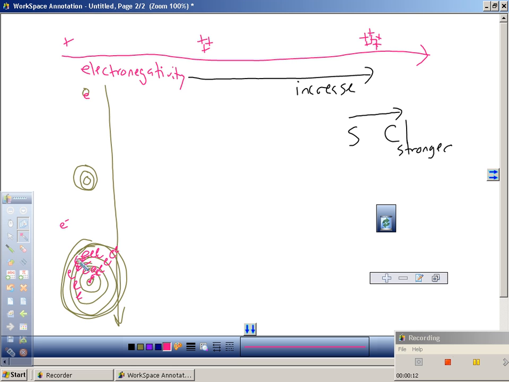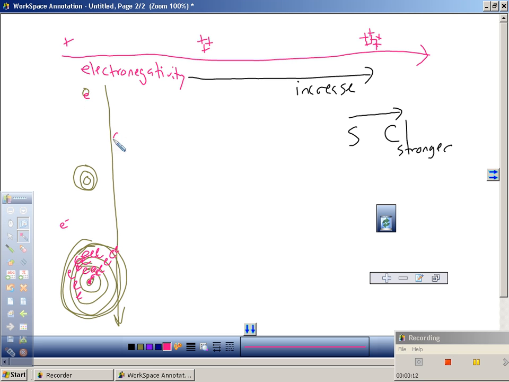So if I have all of these negative electrons here, I'm actually going to kind of keep it away. So normally my nucleus would be attracted to that electron, but it's shielded by all of these other electrons. This nucleus can't even really detect that electron. It's just surrounded by negativity. So this one is going to pull it in a lot easier. So we say this one is stronger. So its electronegativity is greater than this one.